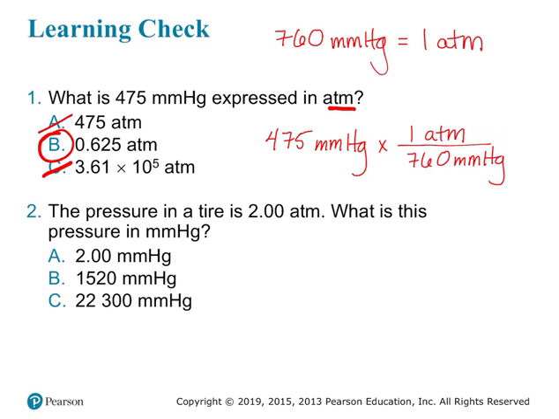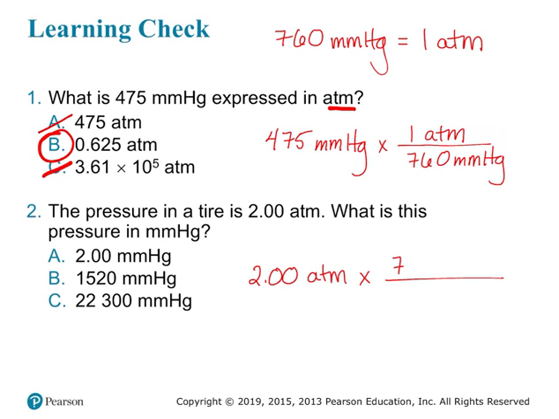So in number 2, the pressure in a tire is 2 atmospheres. What is this pressure in millimeters mercury? Okay, so again, we're going to start with what we're given. And then we're going to flip our conversion factor, right? Because now we're going from atmospheres to millimeters of mercury.